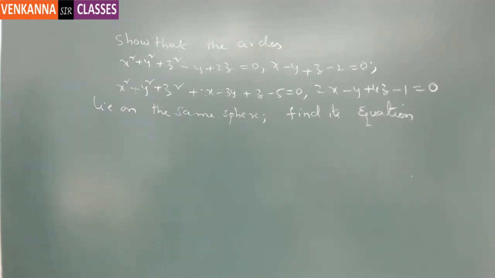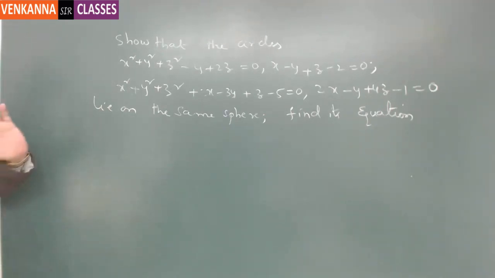Here it was asked to show that the circles lie on the same sphere. In other words, if you are able to calculate a sphere equation which contains the two circles, then you are done. That was the objective of the question.